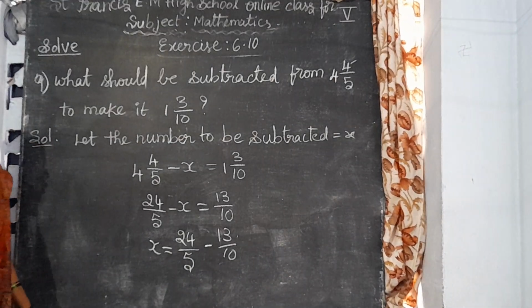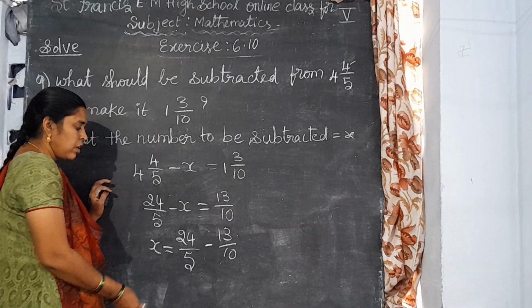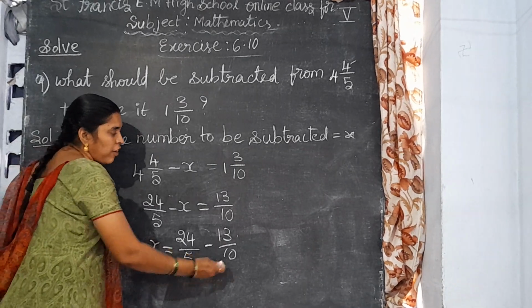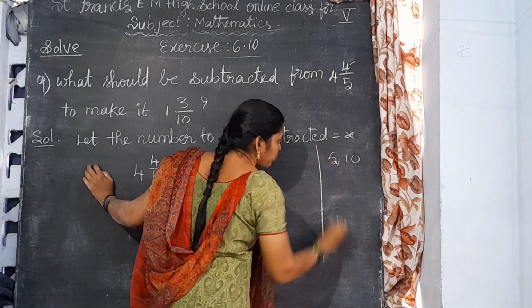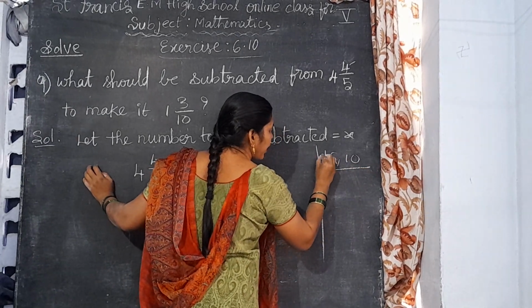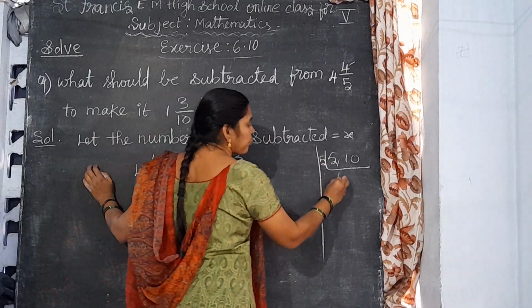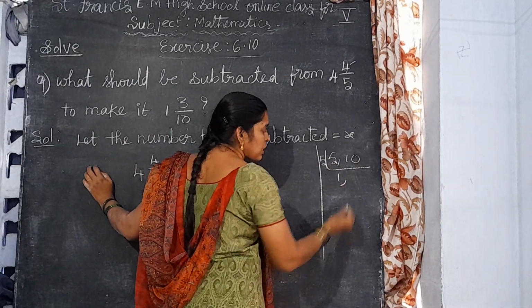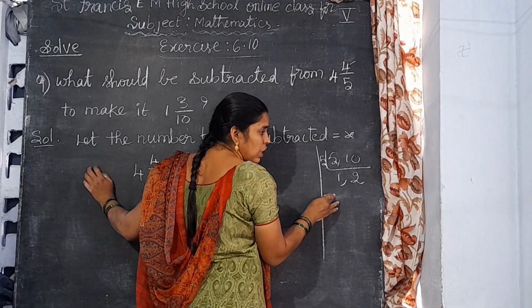So what you have to do? You should take the LCM of the denominators. What are the denominators? 5 and 10. Which table will go? 5 table. 5 how many times will it go in 5? 1 time. And 5 how many times will it go in 10? 2 times. Now is there anything more to do for the LCM?